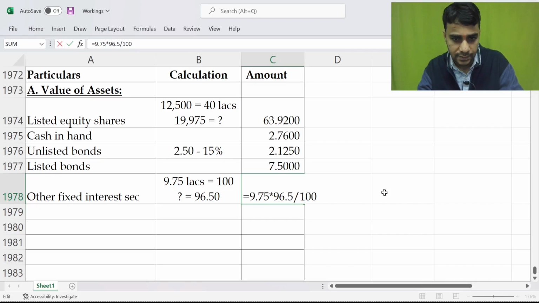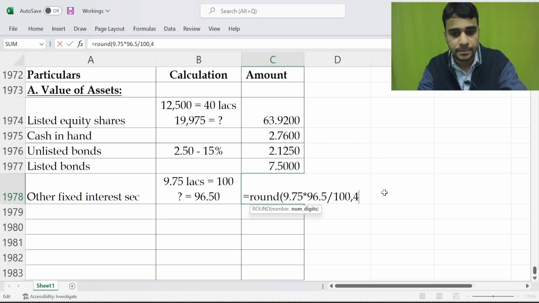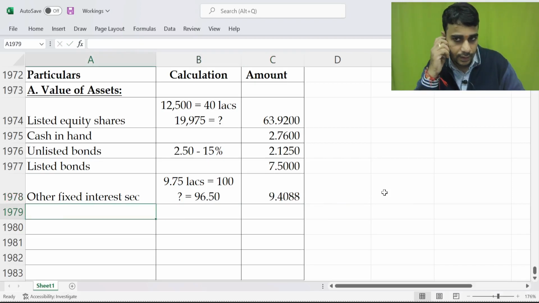I'll work with 4 decimals. So 9.75 lakhs into 96.5 by 100. Any doubts on this? Clear?